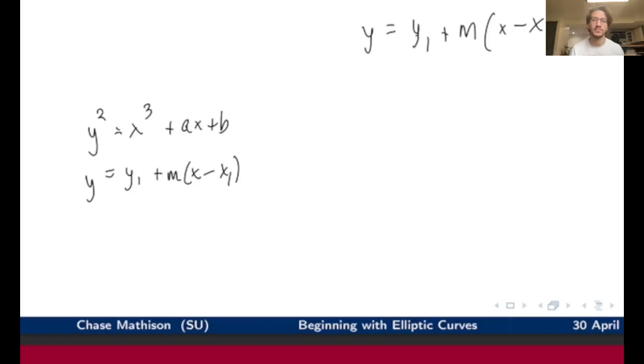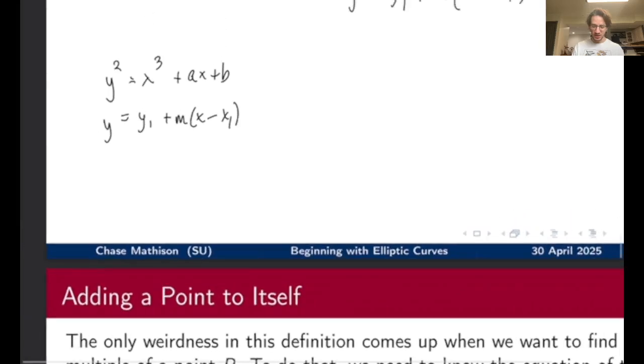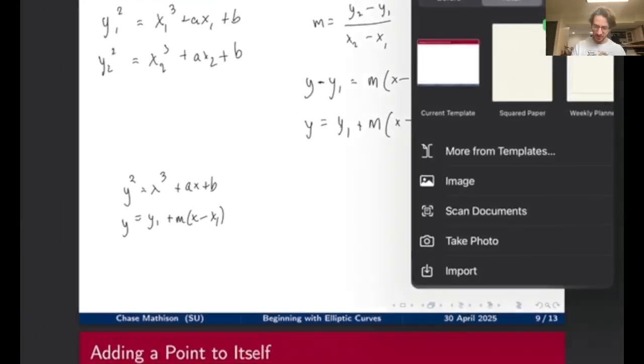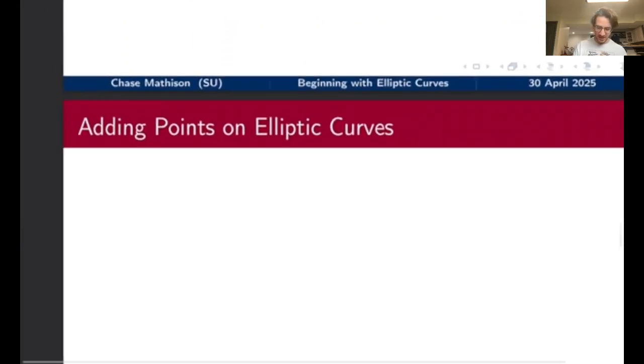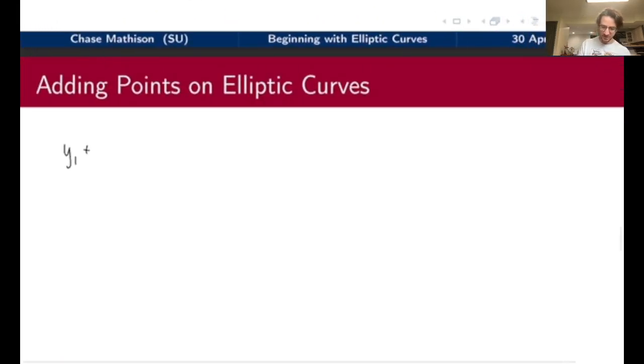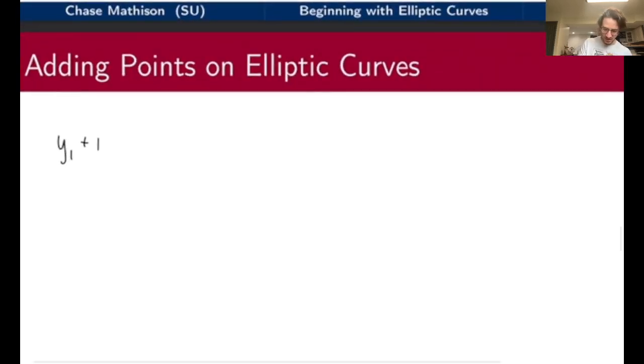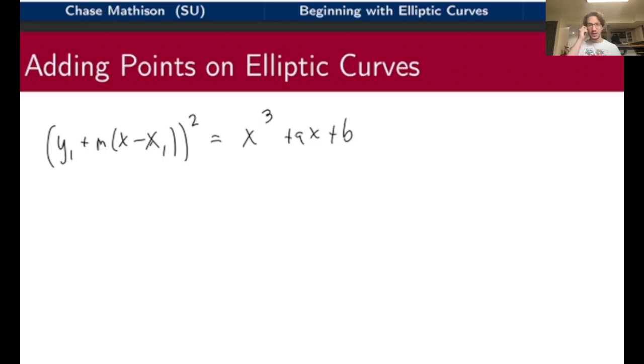All right. So we're going to do what we did last time. Plug y into the elliptic curve. Let me add a blank page here. When I do that, I get y1 plus m times x minus x1, squared, equals x cubed plus ax plus b.